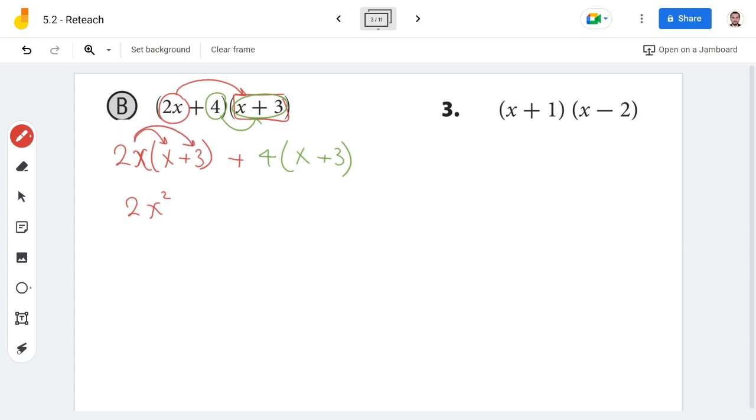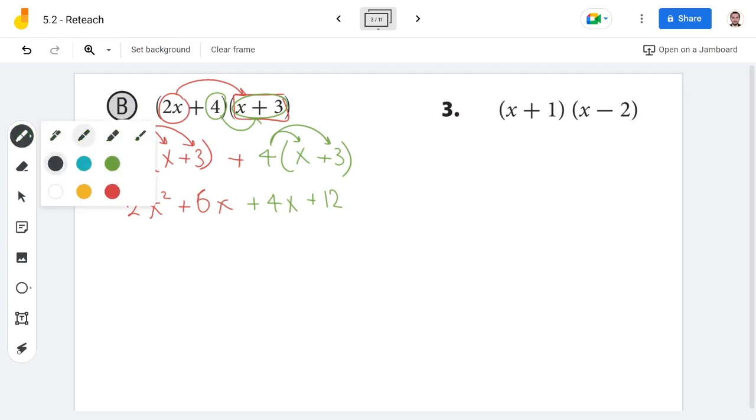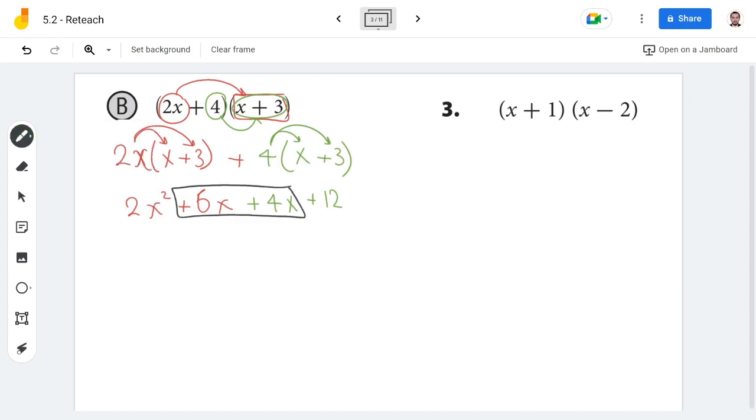Then 2x times 3 equals 6x. Next, plus 4 times x, 4x, 4 times 3, plus 12. Do we have like terms? Yes, 4x plus 6x. So let's rewrite: 2x squared plus 6 plus 4, 10x, plus 12. This is the final answer.